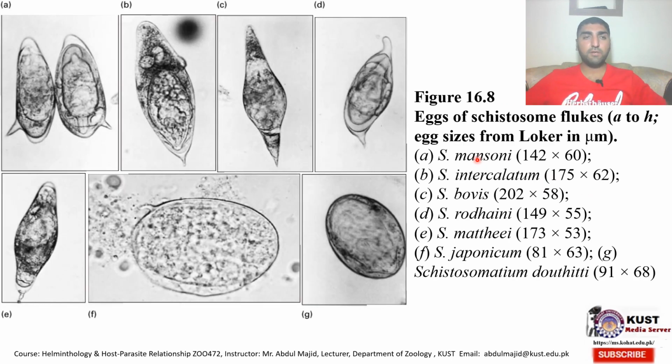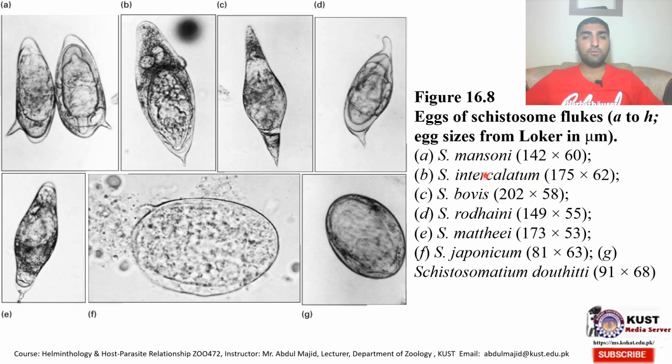In this figure and the coming figure, we will discuss the sizes of eggs of different species of schistosomes. These are eggs of schistosome flukes from A to H, with egg sizes from Loker's book, and the sizes are in micrometers.